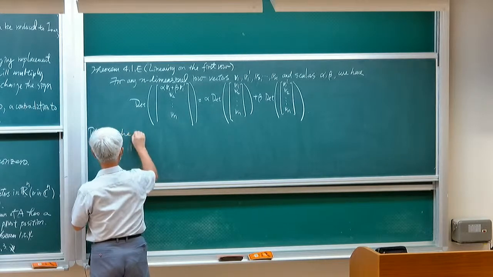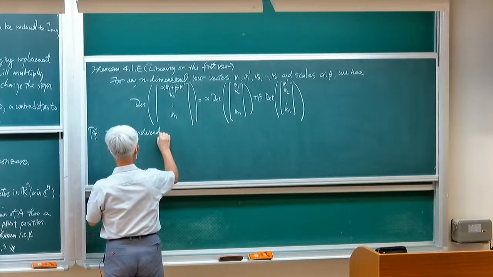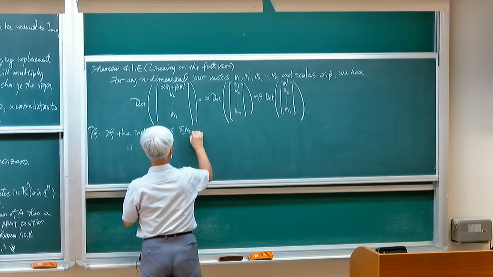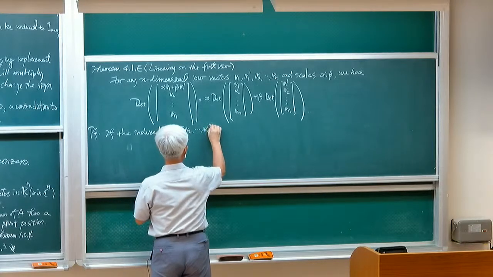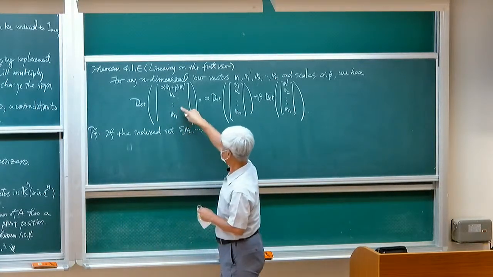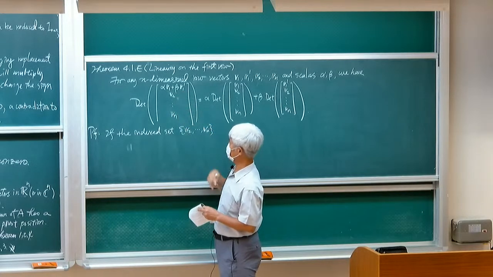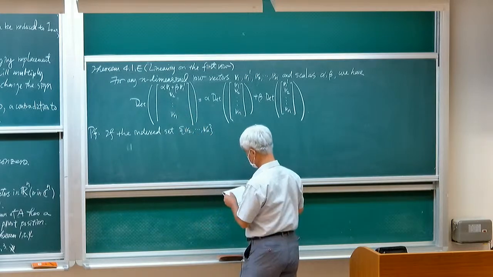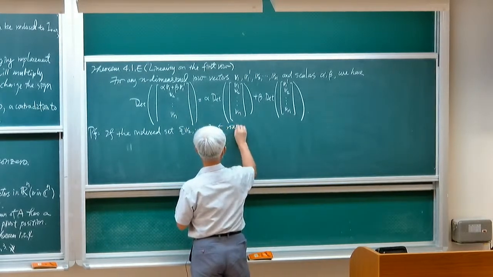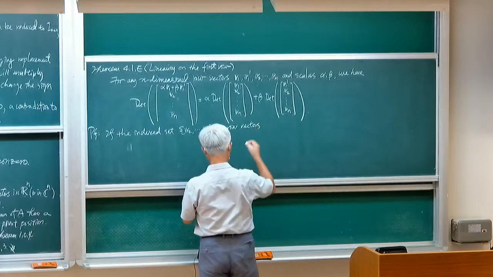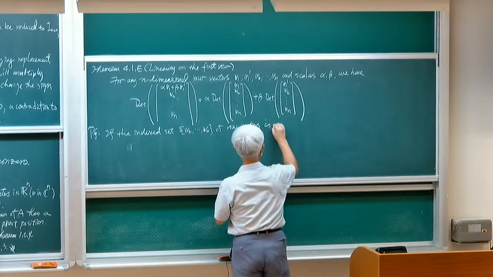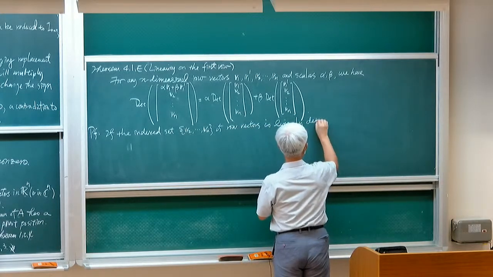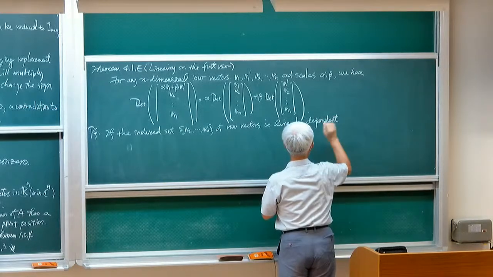If the index set of row vectors from the second to the last row, R2 up to Rn, is linearly dependent, okay?